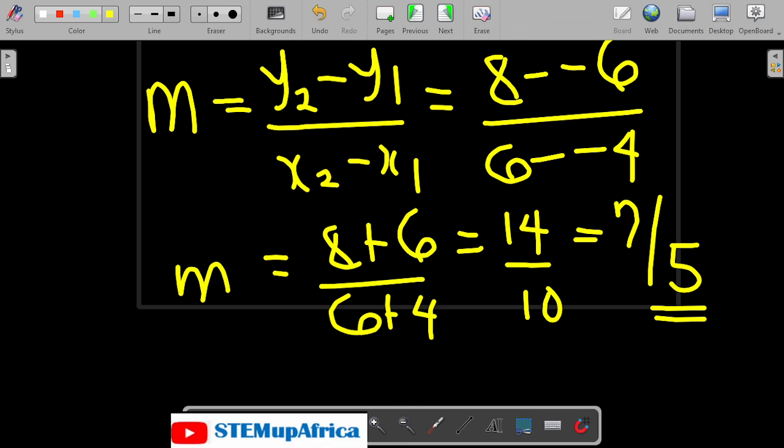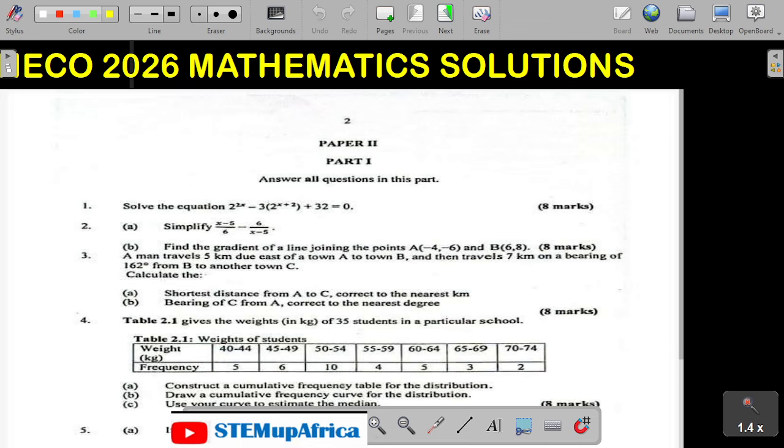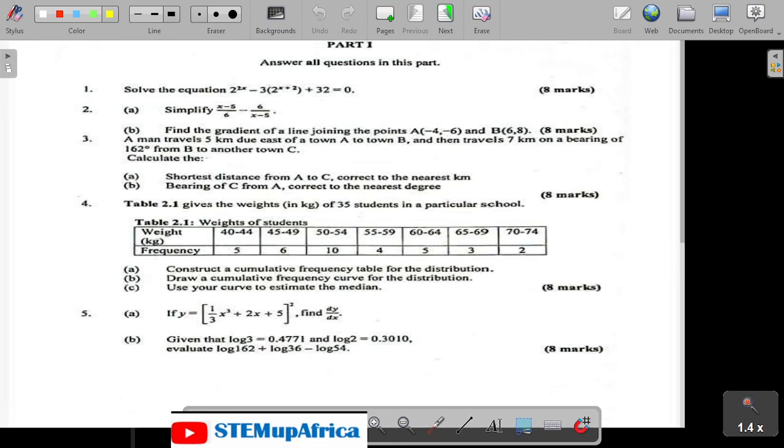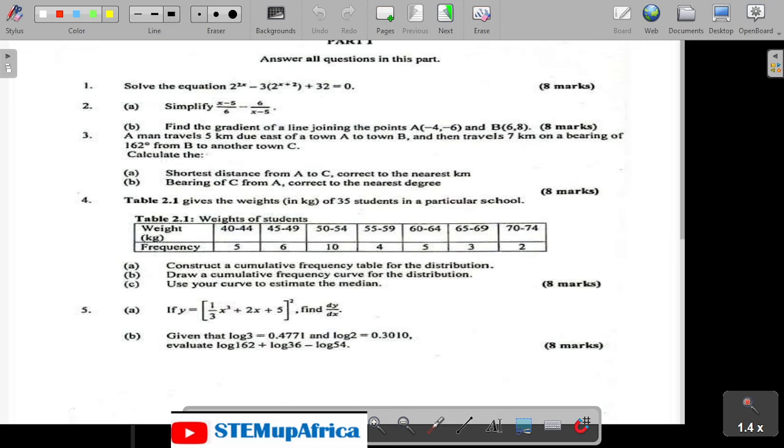That's our gradient. Then question 3, it says a man traveled 5 kilometers due east of a town A to B, and then 7 kilometers on a bearing to point C. So let's do that.